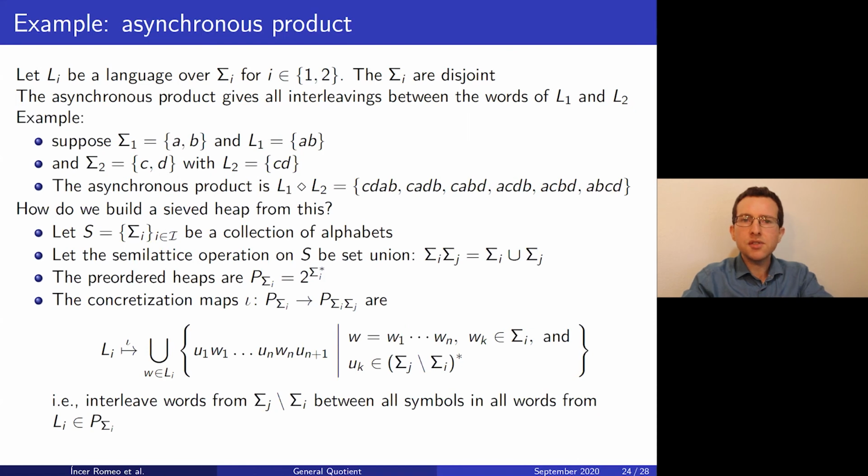You take a language defined over a preorder heap, and whenever you go to the union of the two alphabets, you extend all the words of your language to the interleavings of that word with all possible words generated from the symbols not in the local alphabet. This is the operation denoted by that formula. We can show that this gives us a seed heap, which means that we know how to find solutions to a times x less than or equal to b for the asynchronous product.